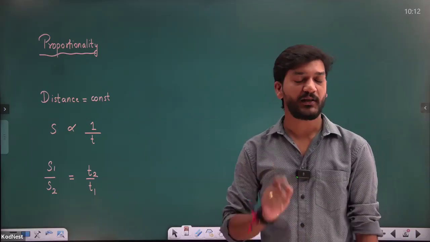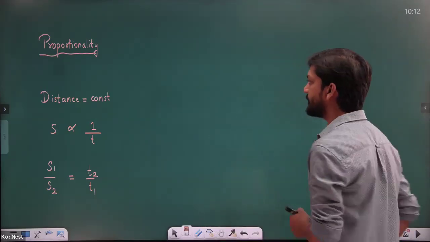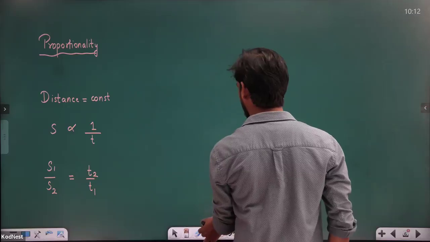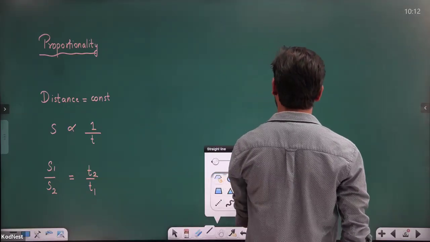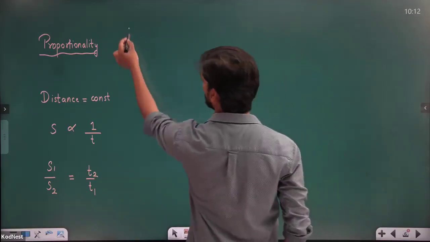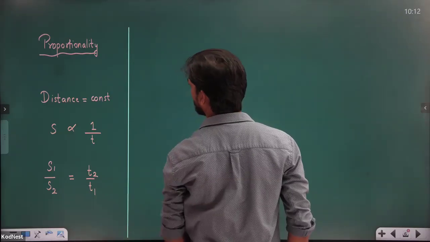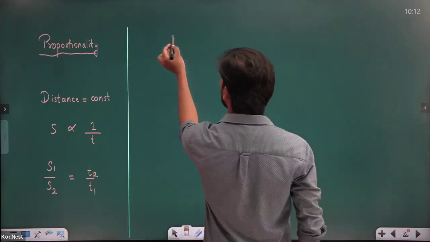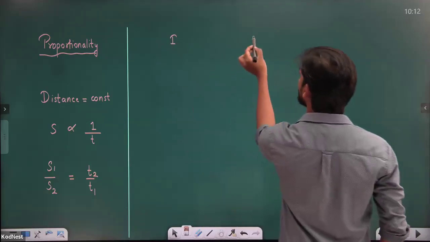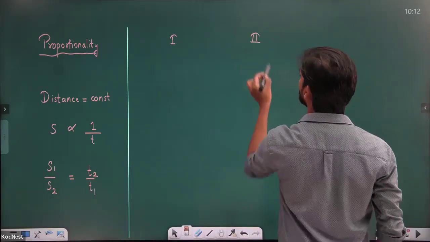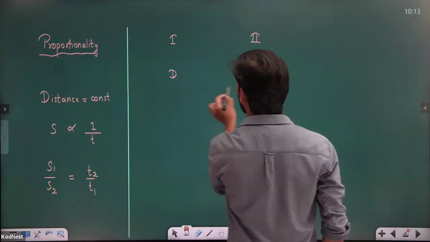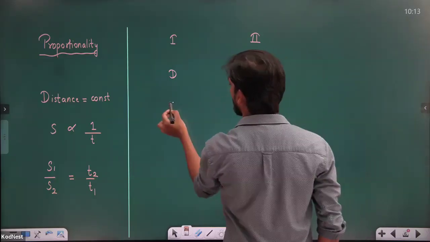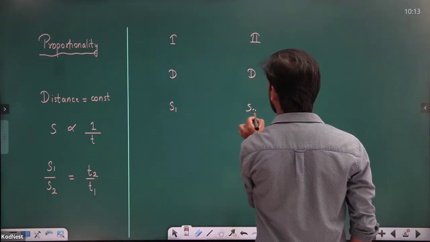There is one more thing which we can apply. Carefully observe. I'm taking two situations, situation number one, situation number two. Distance is D. Speed is S1, S2.